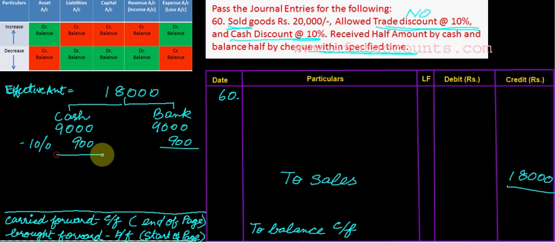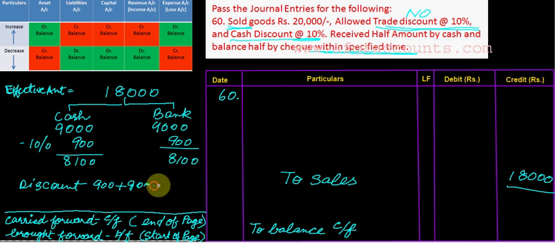And what I need to pay will be 8,100 in cash and 8,100 through bank. So this is my payment, and discount will be 900 plus 900, that is 9 2s are 18, 1,800.